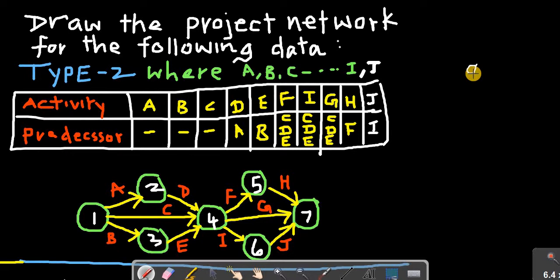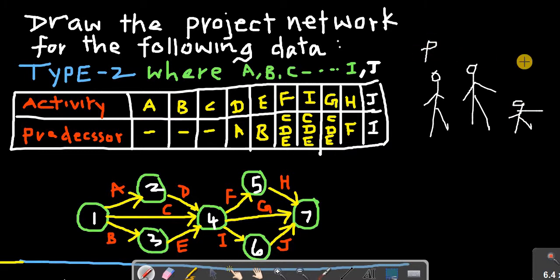Take for example, he is a man, and he is called the predecessor, and he is called the successor. Predecessor, successor, if they go this way.